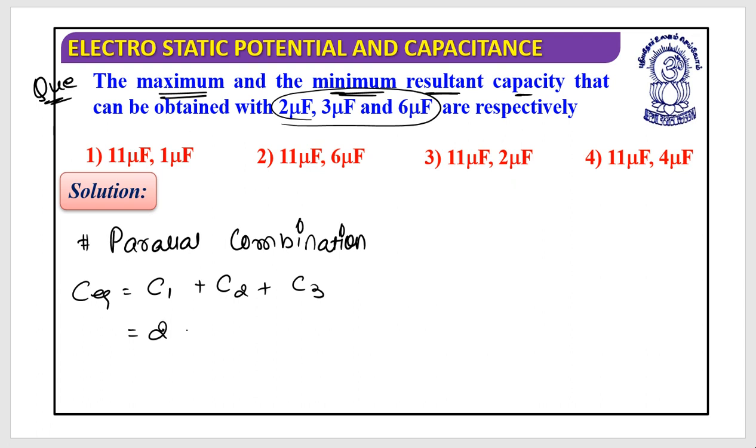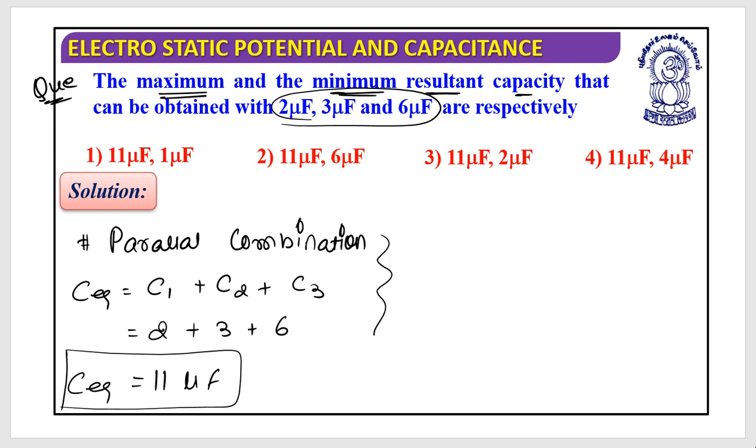So this is equal to 2 plus 3 plus 6. 2 plus 3 is 5, 5 plus 6, it's 11 microfarad. This is the C equivalent. It is 11 microfarad. And when I look at the series combination, when I go for this, it's a series combination.